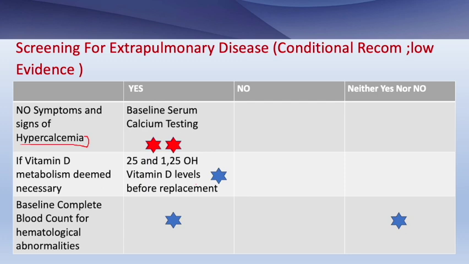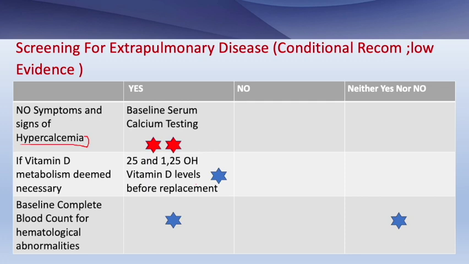So that may tell us how active the granulomatous disease is. So vitamin D levels must be checked. If you suspect there may be a deficiency, there may be a subset of patients, like patients with fatigue, patients who are on steroids, where you may want to give vitamin D, and then you may check it.